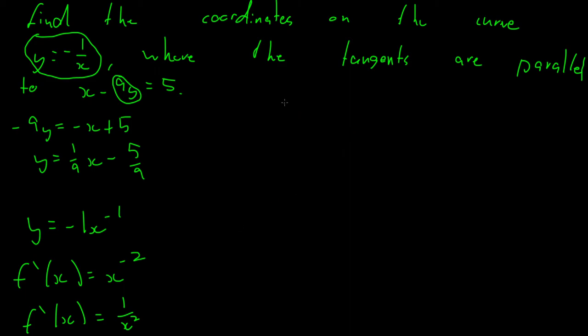Alright, so if they're parallel, their gradients are the same. So that means that this equals 1 on 9. And as we can see, the derivative is equal to 1 on x squared.